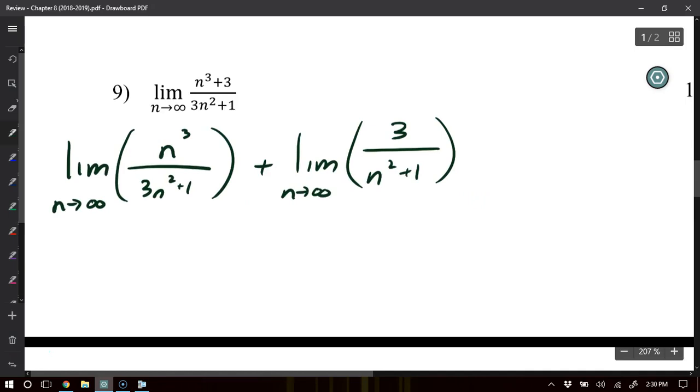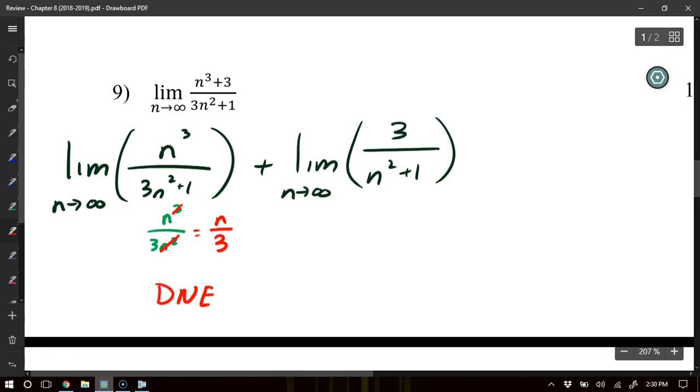Now if I focus on the first terms, I'm going to have n cubed over 3n squared. When I cancel, I'm left with n over 3. This one approaches infinity. It does not exist. It approaches infinity for that first one.